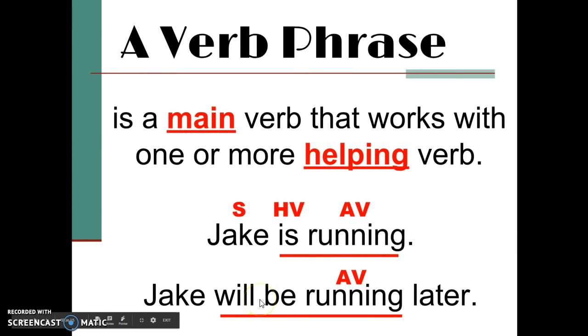And when we look at our list, am, is, are, was, were, be, being, been, can, shall, will, may, might, must, could, should, would, has, have, had. We've got helping verbs that go in front of the main verb. Who will be running? Jake will be running. So that becomes our subject.